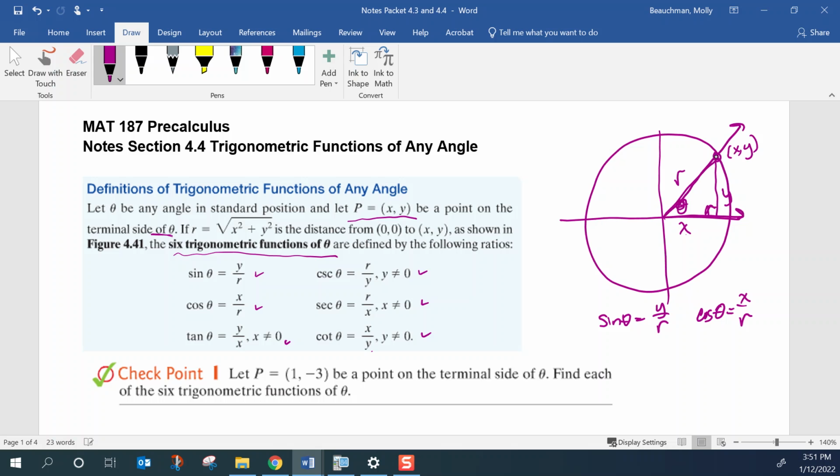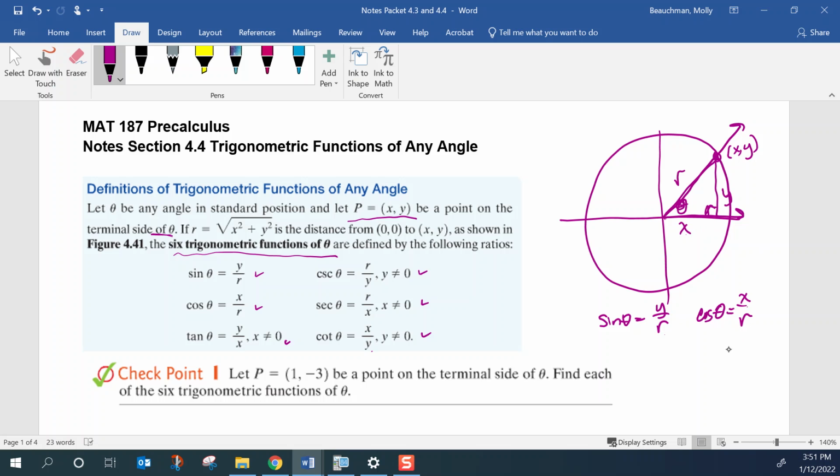You can still think of this as a right triangle, except our radius isn't 1 anymore. The x value is one of the leg lengths of the triangle. The y value is the other leg length, and then we have to find the radius. So looking at this triangle, the sine of our angle, opposite over hypotenuse, is y over r. Cosine is adjacent over hypotenuse, x over r.